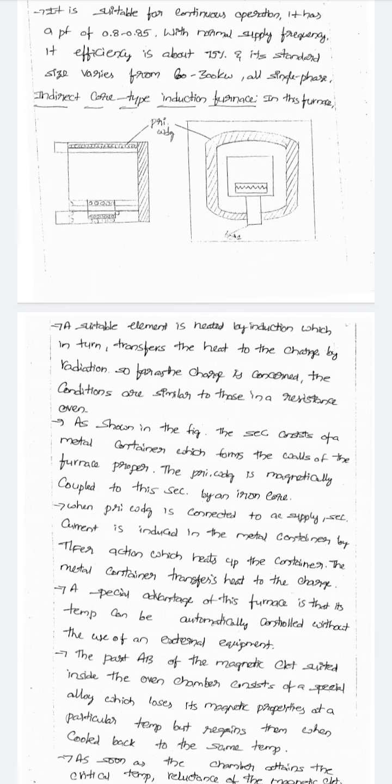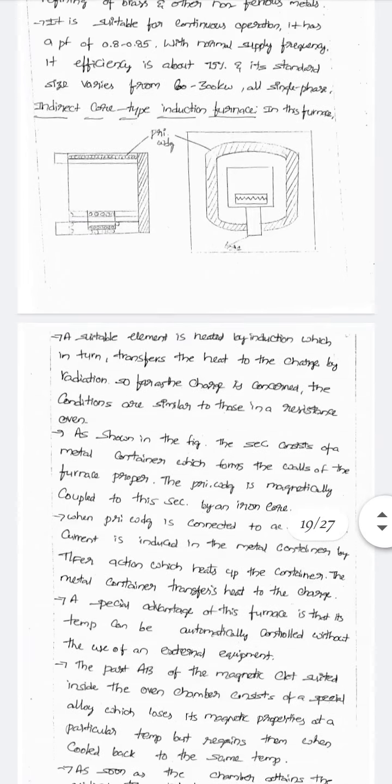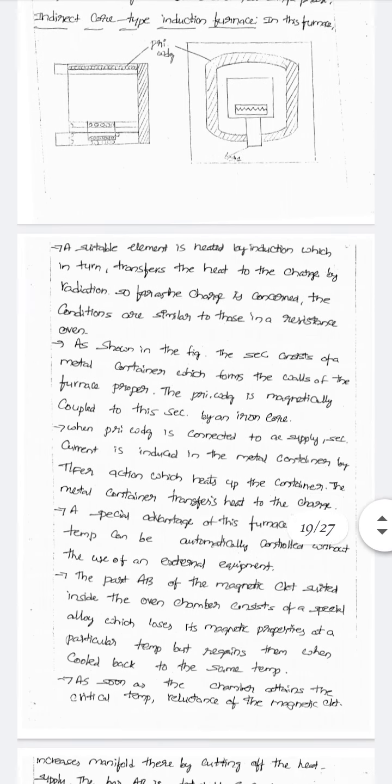Only one thing differs. In the first, the magnetic coupling between primary and secondary is very poor, in the second it is better, and here it is perfect. Perfect in the sense that it gives higher efficiency and better working. This is about the indirect core type furnace.